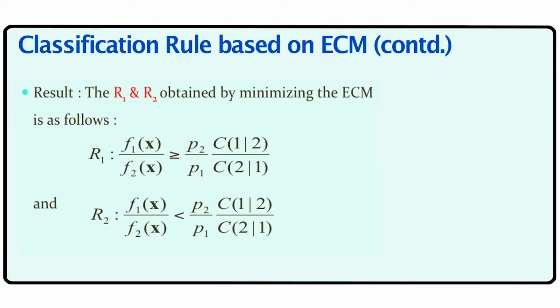So to find a minimum ECM, we relate the ratio of the densities to the product of the two ratios of the prior probabilities and the costs. If the first is greater than the second, then we place the individual in R1. If the second is greater than the first, then we place the individual into R2, and hence into the second group.